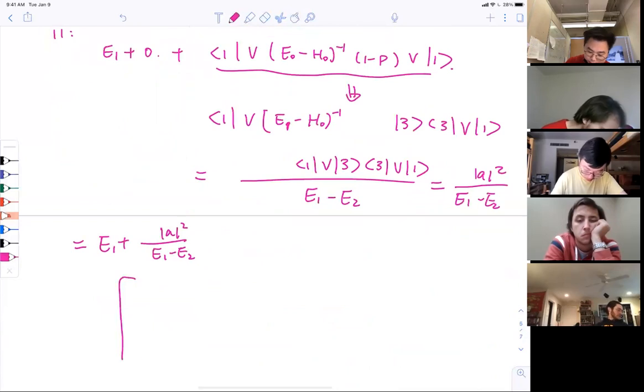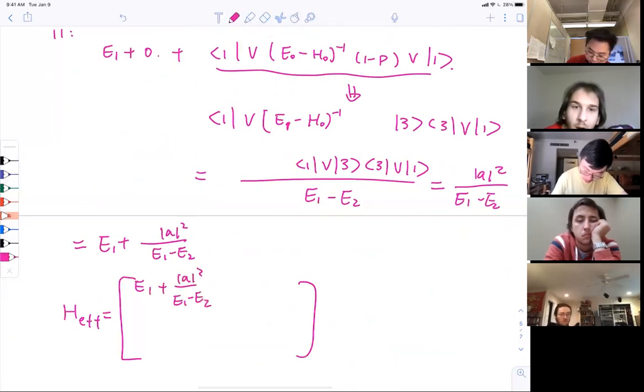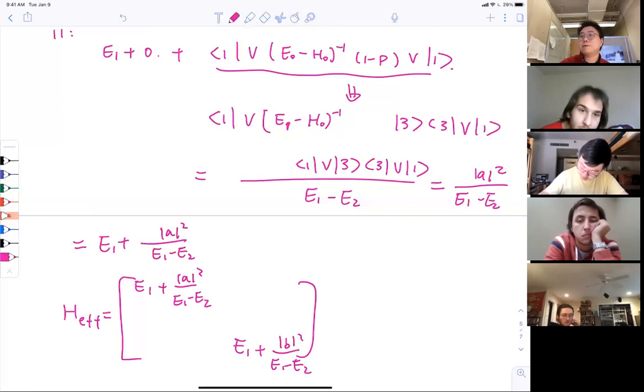And eventually you would get, I guess in this case, 1 plus B squared. You can do these elements by yourself.